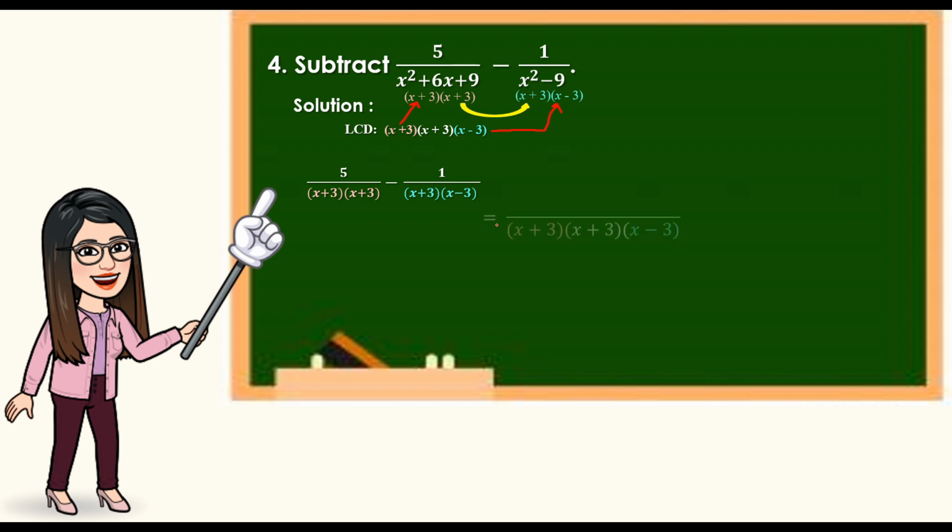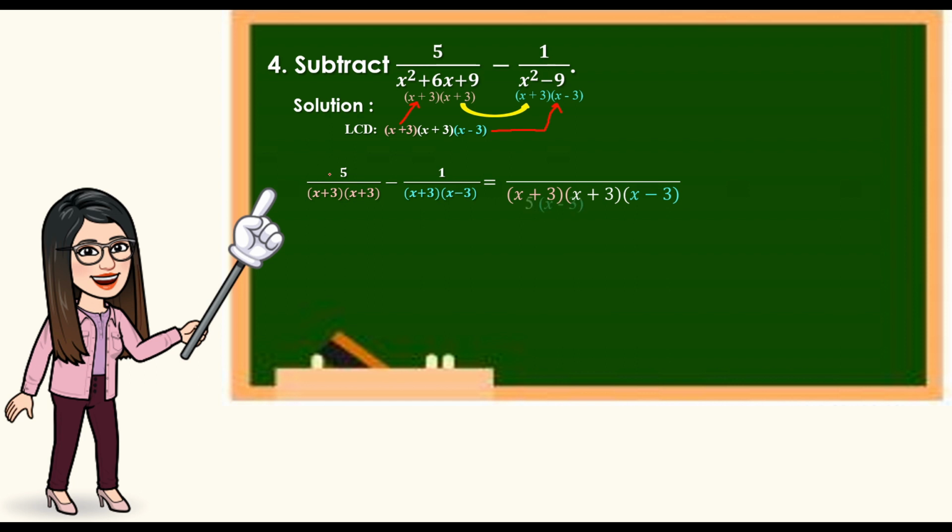Okay. So next is, let's write the LCD. Since we're done getting the LCD, we will just rewrite it here. So there you go. We have the quantity of x plus 3 times the quantity of x plus 3 times the quantity of x minus 3. Again, for us to have the numerator, we will divide this one here and multiply it by 5.